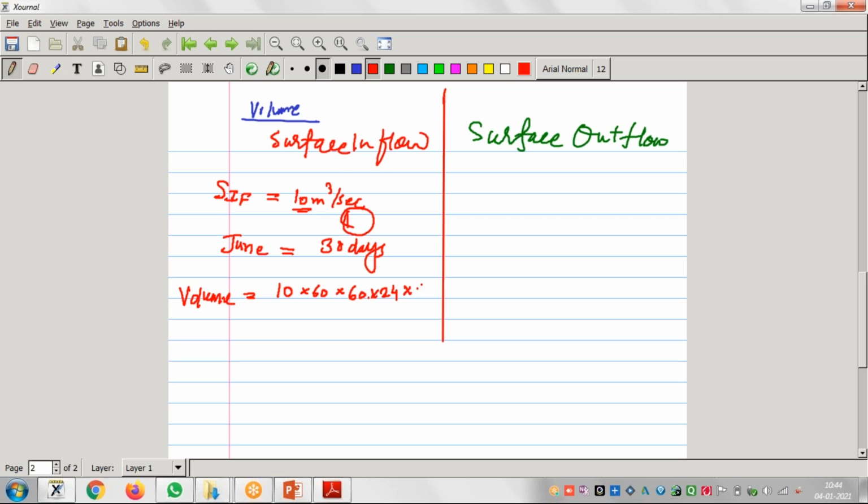And again, if I will multiply it by 30, I will get for the whole month, because this month is of 30 days, right? So here if I will calculate, I will get the value 2592000 meter cube. Now if I will convert this, it will come 25.92 million meter cube.